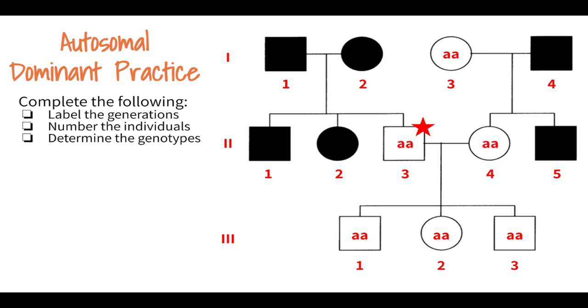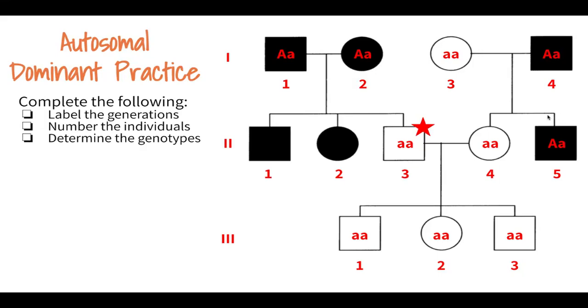And from there, again, we can fill out different information. Every time you see a child who is homozygous recessive, but their parents are shaded in, that must mean the parents are heterozygous, because that's the only way to have offspring who has the genotype homozygous recessive. So here are the parents we can fill in that are heterozygous.